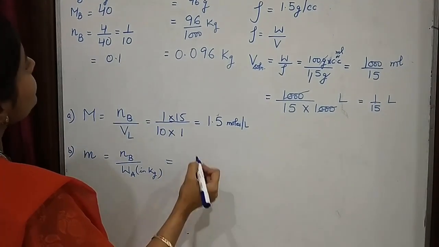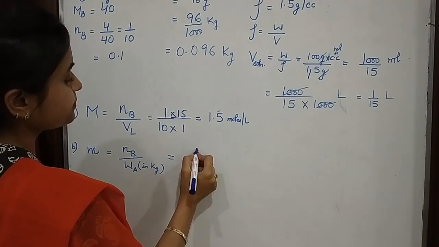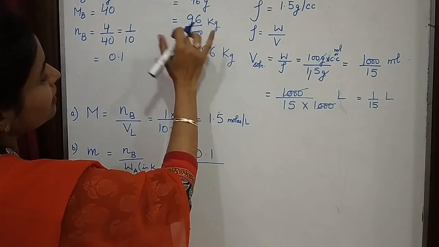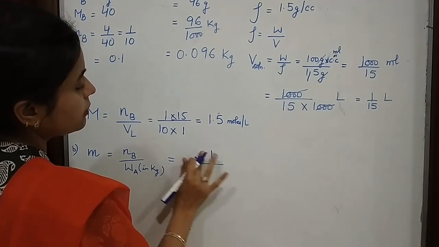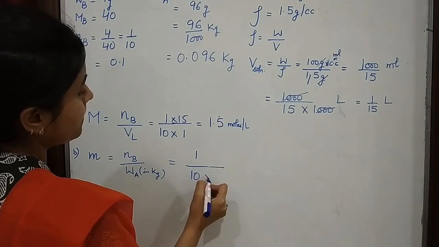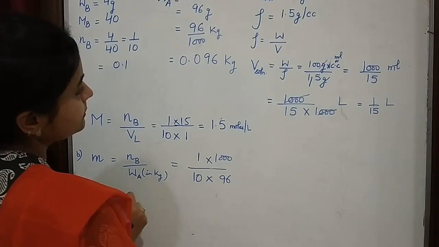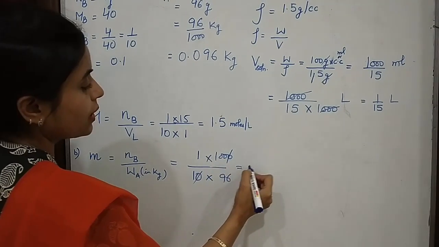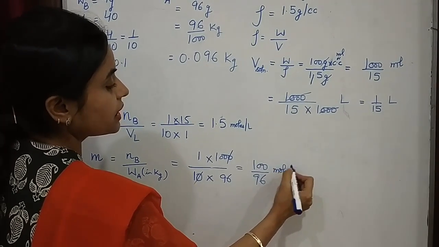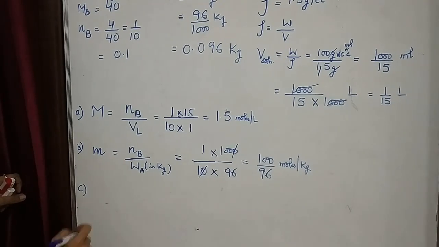So number of moles is again 0.1 or 1 by 10 upon WA. I will write it in the form 1 by 10 because it is easy for us to solve. That is 96 upon 1000. So you have 100 by 96 moles per kg. You can solve it.